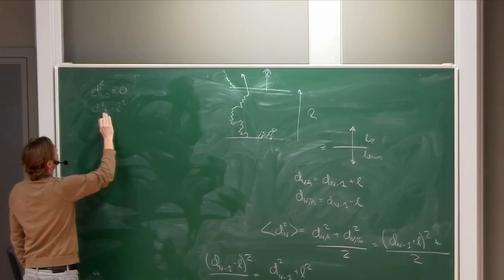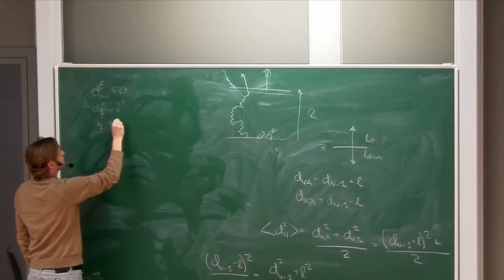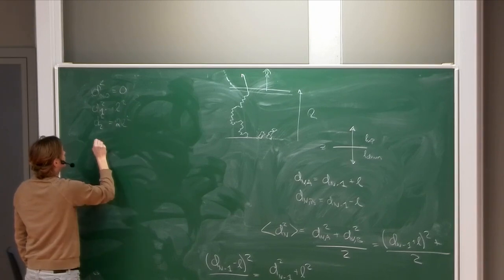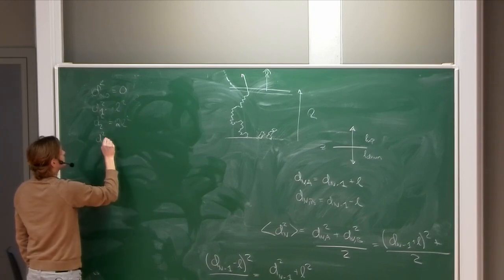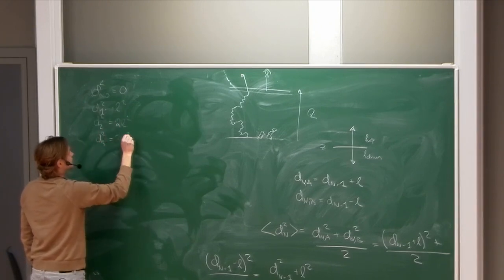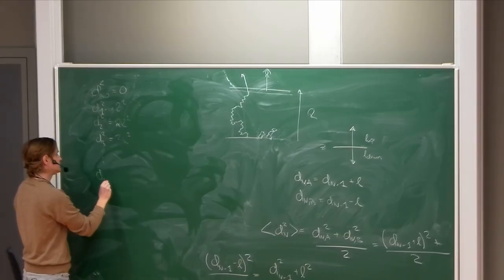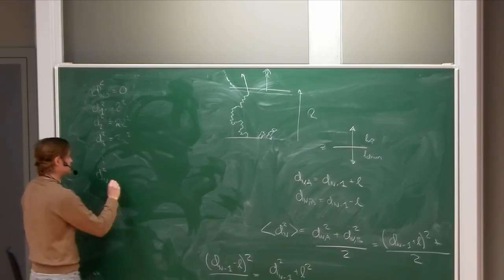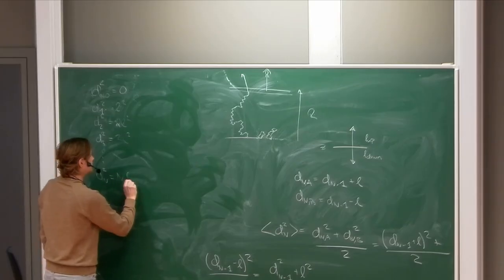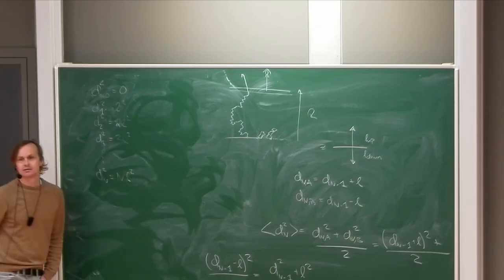The d_2 squared is just then 2L squared, and the d_3 squared is just 3L squared, and so forth, until d_n squared is just going to be n times L squared.